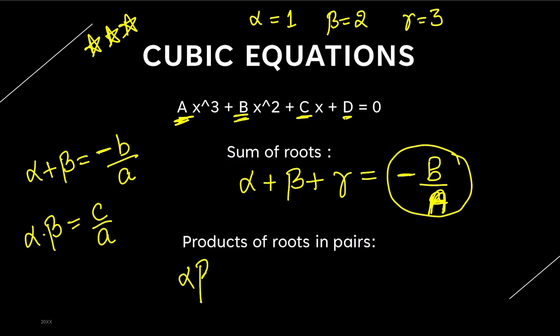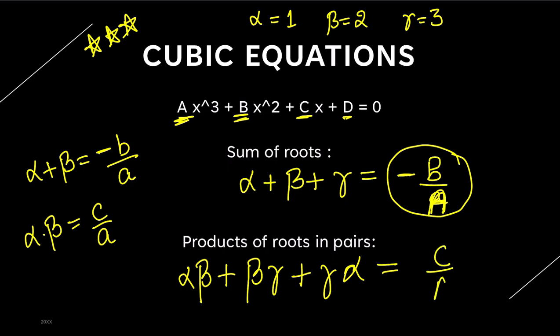Now, this is another thing. In case of cubic, we could also be given the product of roots in pairs. Alpha beta plus beta gamma plus gamma alpha, the sum of the products of roots in pairs, will be c by a. I hope this is clear. Alpha plus beta plus gamma is minus b by a. Alpha beta plus beta gamma plus gamma alpha is c by a.